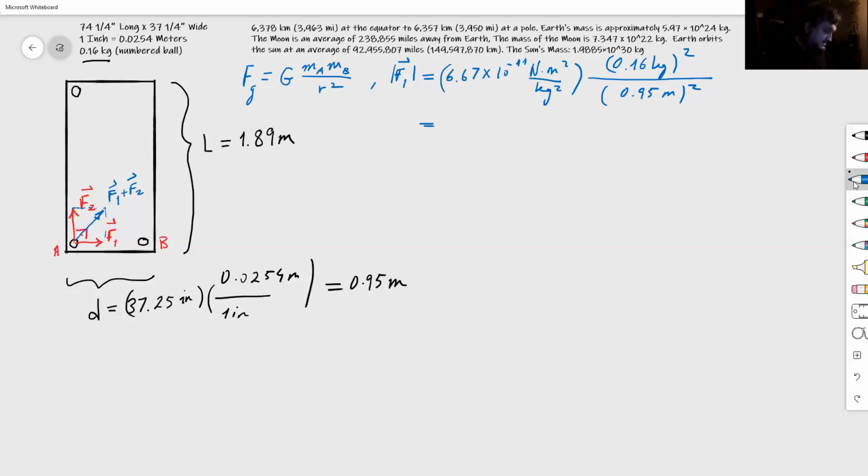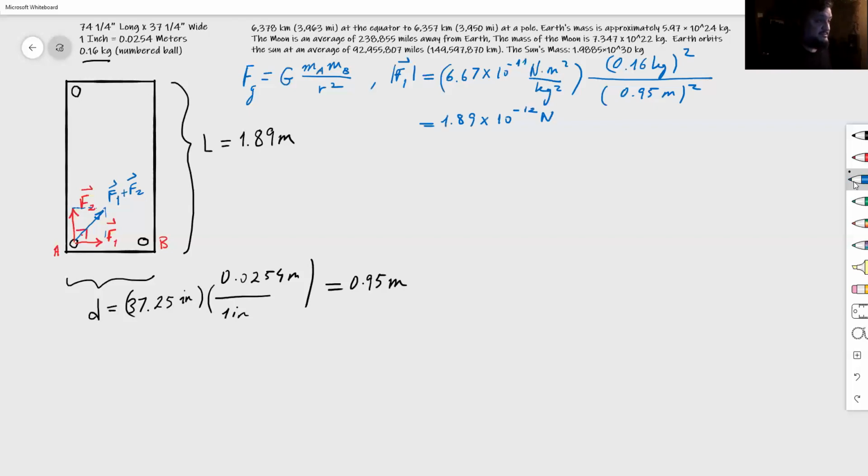And that is 1.89 times 10 to the power negative 12 newtons. Very small number, okay?